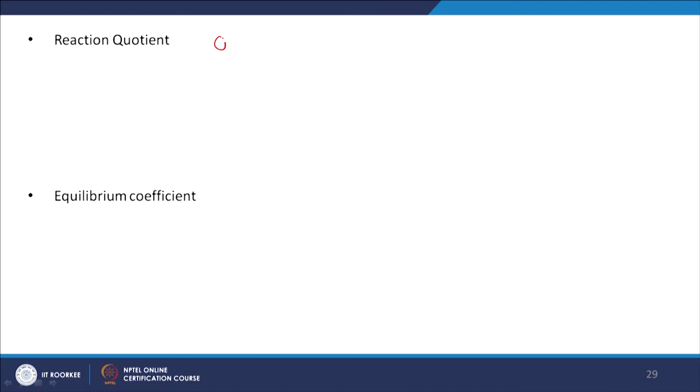So reaction coefficient, we define as being equal to the activity of the products raised to the stoichiometric coefficient of the products by activity of the reactants raised to the stoichiometric coefficient of the reactants, which in the earlier case was activity of C raised to the stoichiometric coefficient of C into activity of D raised to the stoichiometric coefficient of D by activity of the reactants, which in that case were A and B, raised to their respective stoichiometric coefficients, right. So again, this is called the reaction coefficient.